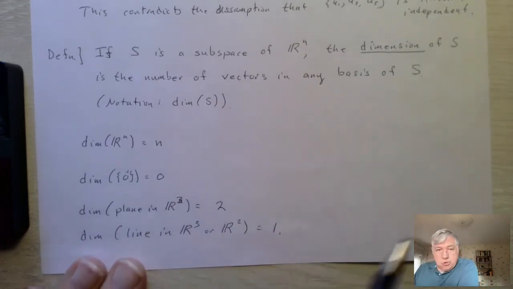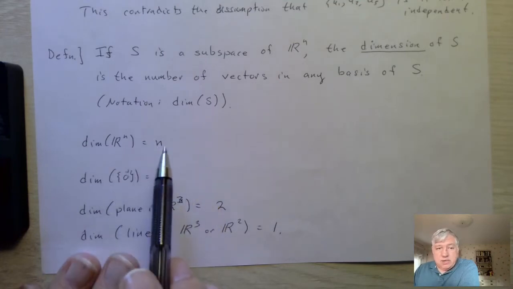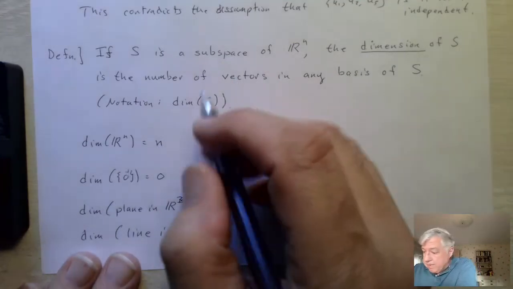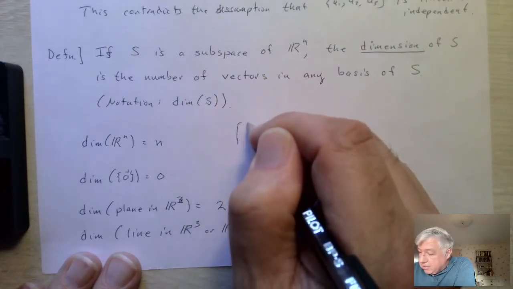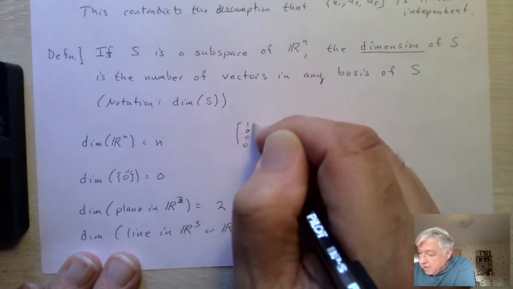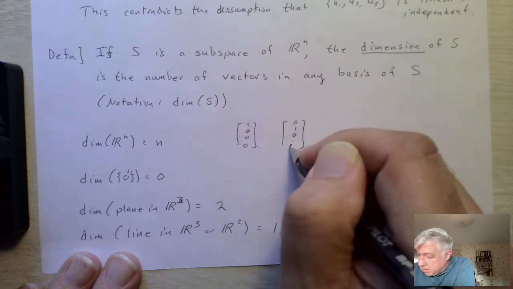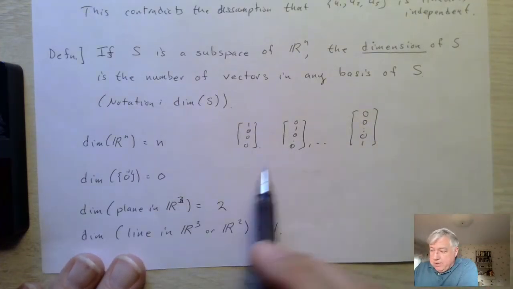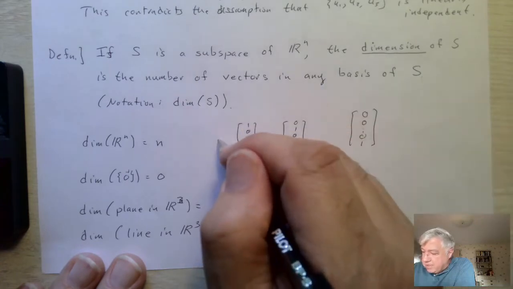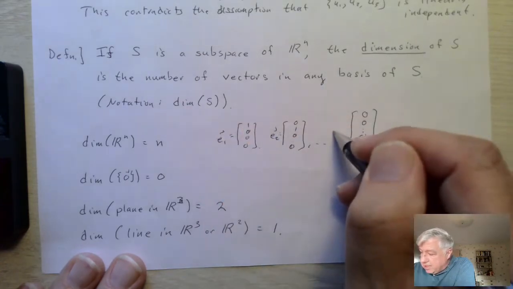Okay, so the dimension of Rn, now surprisingly, is n, because, for example, we can just take these vectors where all the components are 0 except one of them. This is called a standard basis, and sometimes we denote it by e1, e2, ..., en.